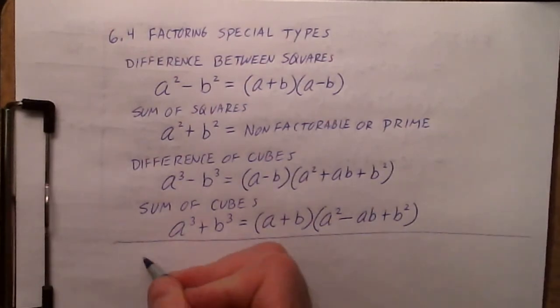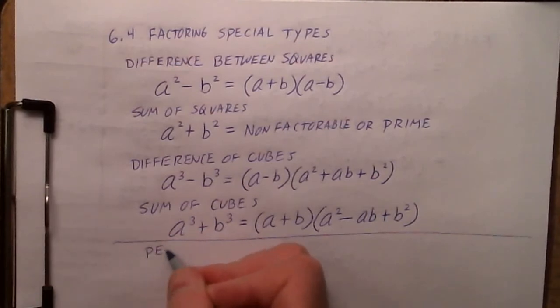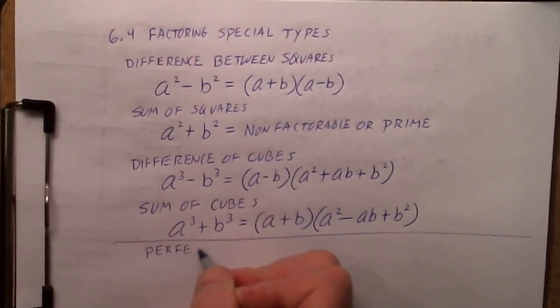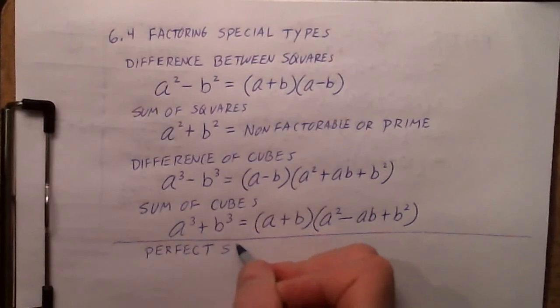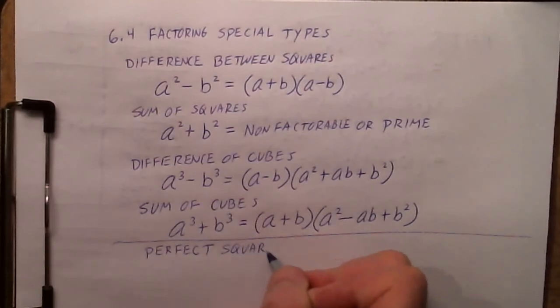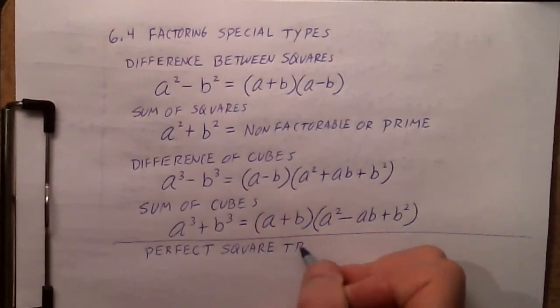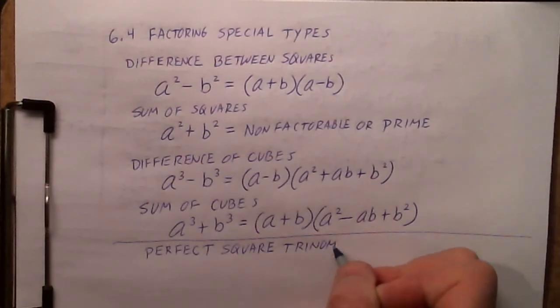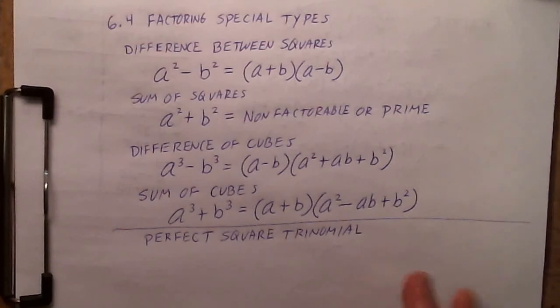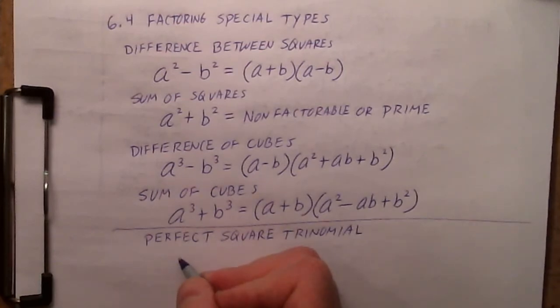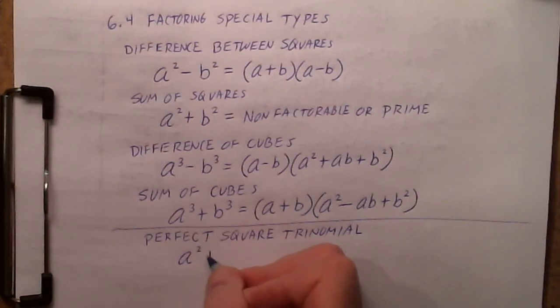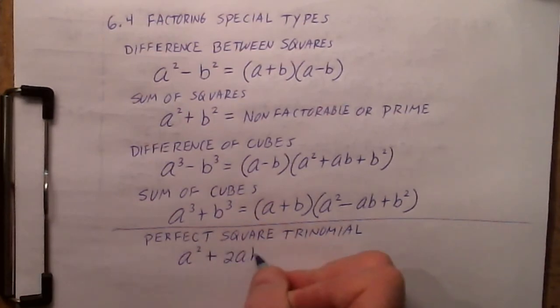All right, the last type is called a perfect square trinomial. If you have a trinomial that looks like this in general, a squared plus 2ab plus b squared.